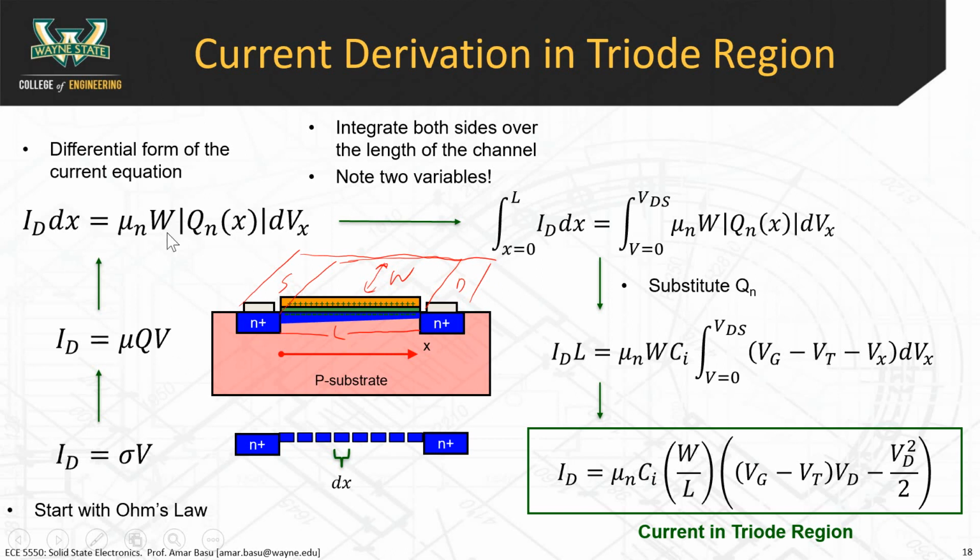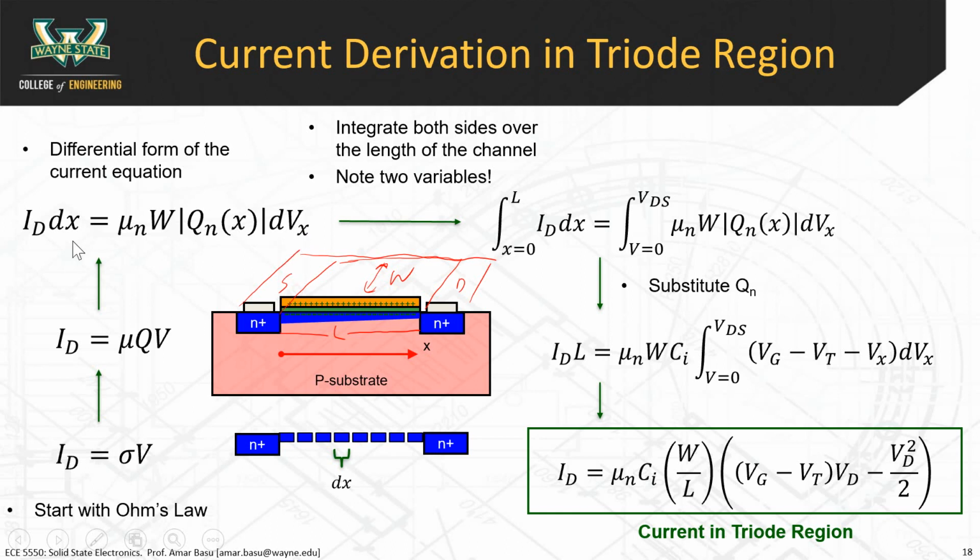Qn is the charge density, and the charge density multiplied by the width gives you the total amount of charge per unit length, times dVx.